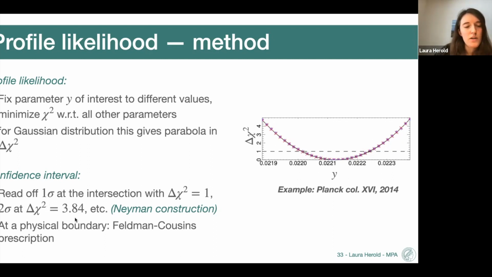And there's one small complication: at a physical boundary, that means a parameter border where the parameter would become unphysical, one needs to use the so-called Feldman-Cousins prescription, which is a generalization of the Neyman construction. We will use the Feldman-Cousins prescription later, but it's a little bit technical, so I'll move the slides into the backup. But if somebody's interested in this prescription, I can also explain it later.